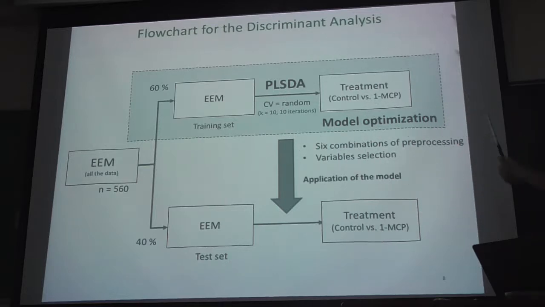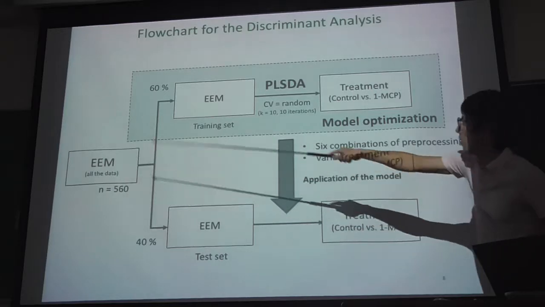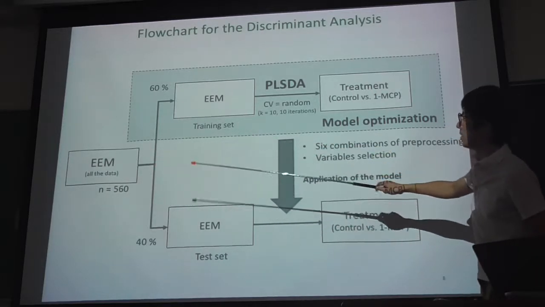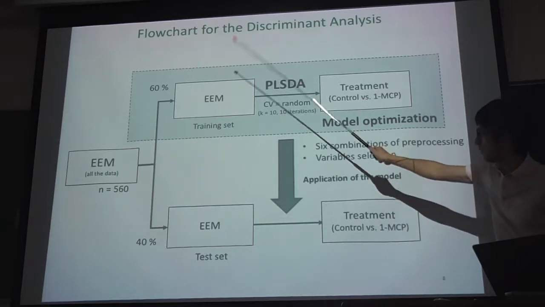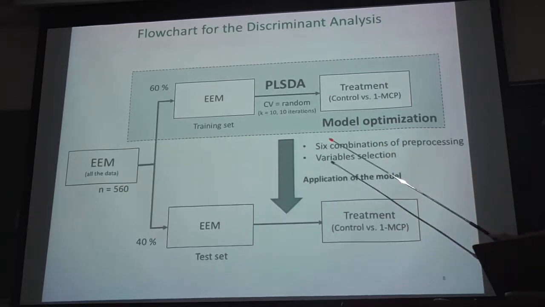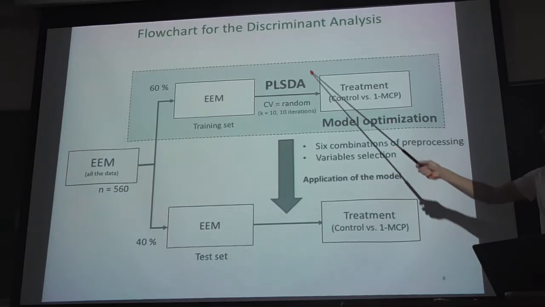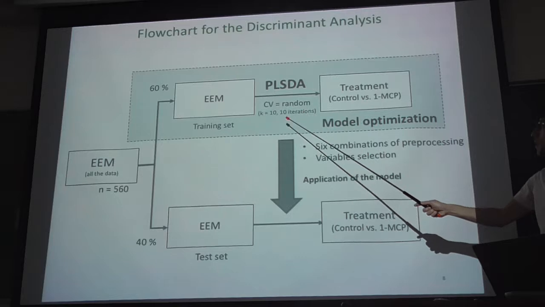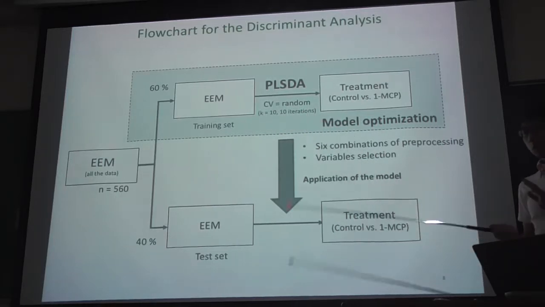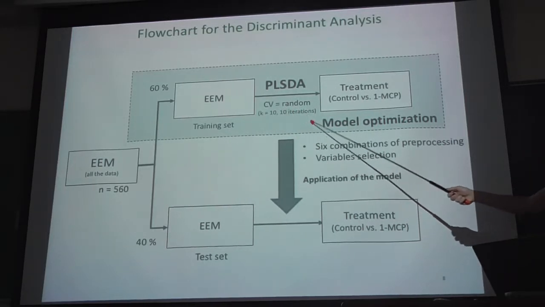This is a flowchart of the discriminant analysis. We have EEM data, and we separate it into training and test sets, 60% versus 40%. And we build PLS-DA with cross-validation of venetian blinds subsets with 10-fold and 10 iterations.